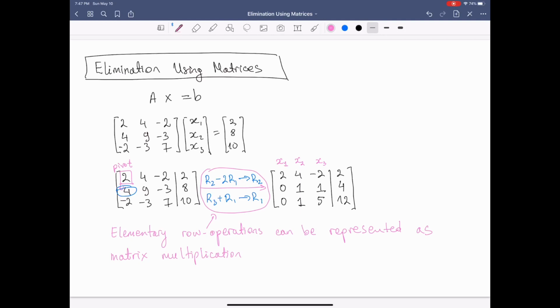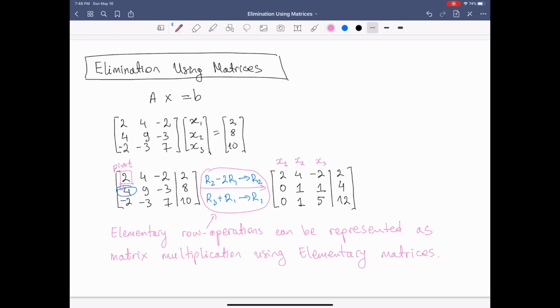And these matrices are called elementary matrices. So using elementary matrices. Our task in this video is to figure out how to find these elementary matrices and how they represent these operations and why we would want to represent these operations in the form of matrices.